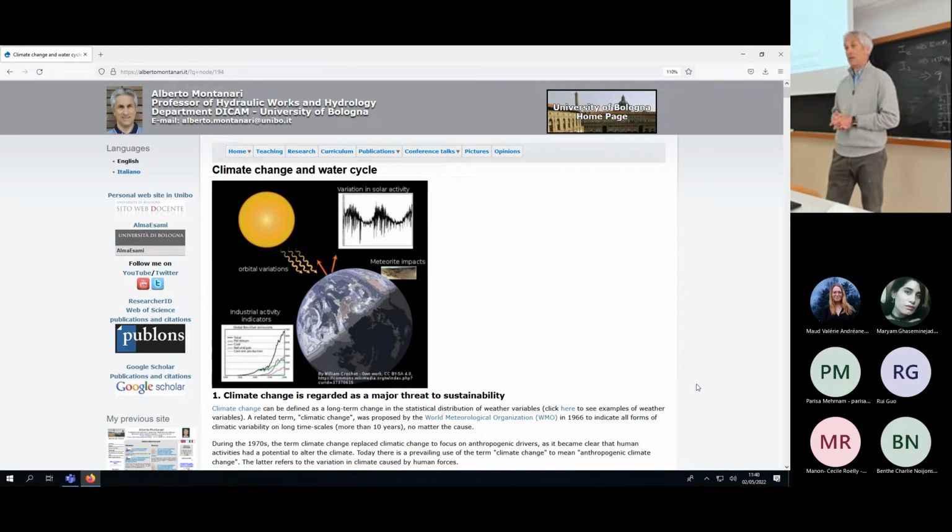So not only saying it's anthropogenic, this is obvious, but we also need to give a quantitative estimate of the anthropogenic influence over other possible drivers.